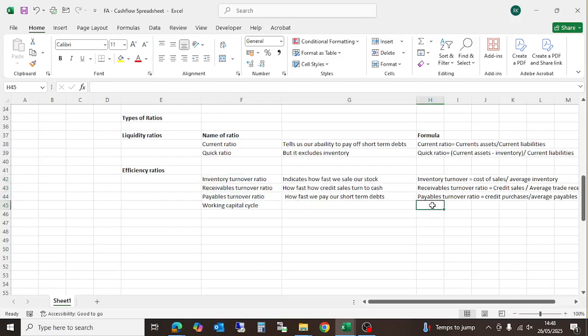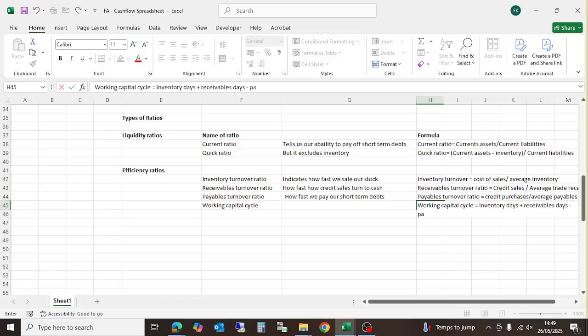Let me put the formula first before I put the explanation. The working capital cycle will be our inventory days, which we get from calculating the inventory turnover ratio, plus our receivables days, for our assets. Afterwards, we subtract our payables days.